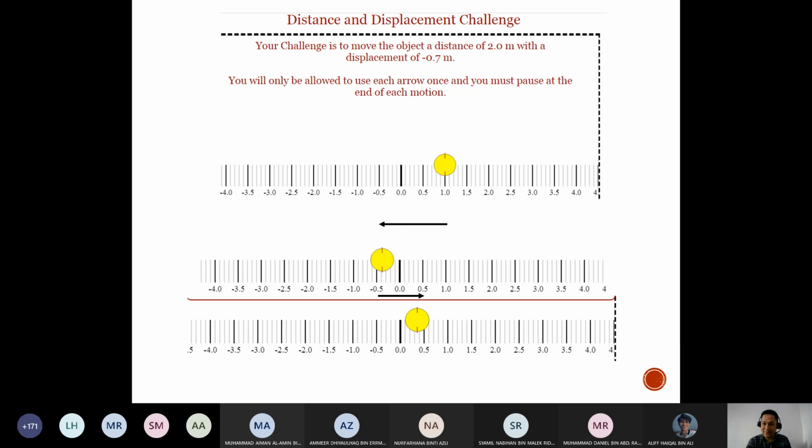Please try. If some of you succeed, please raise your hand so I will know whether you can get the right answer or not. As I mentioned, use the information that I've given before: what is meant by distance, what is meant by displacement. You can ask if you have any problems. If you need to run again, you just click refresh.